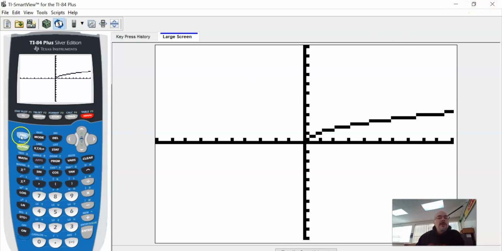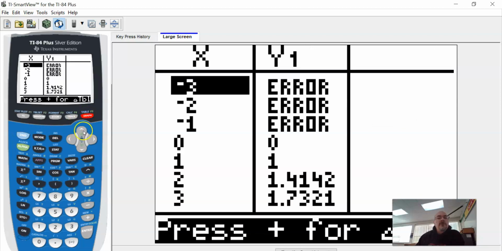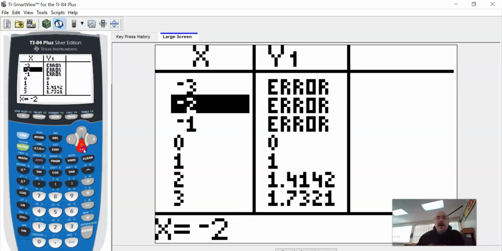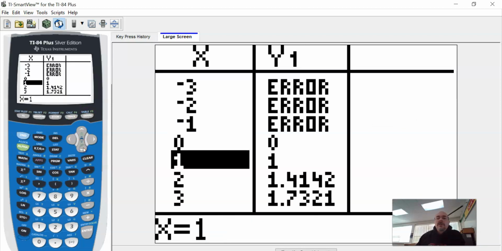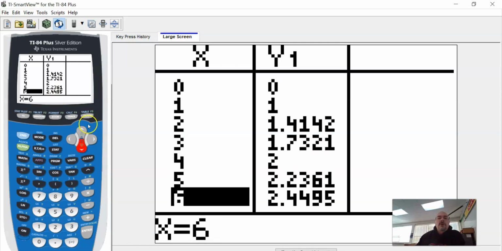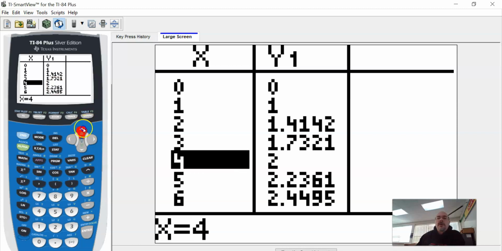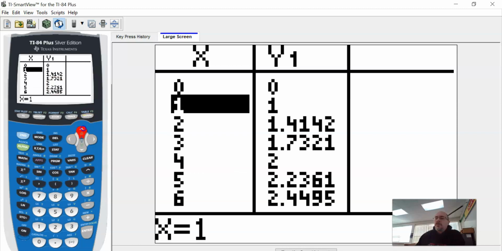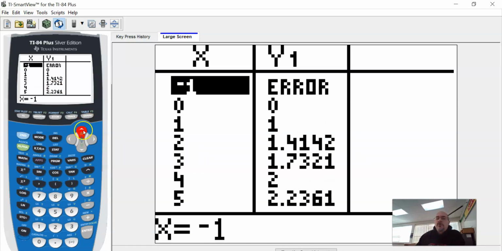But I'm going to get a little bit more detailed here, folks. I'm going to go to the table. Looking at the table, I see that 0, 0 is the first ordered pair that works, because remember, you cannot take the square root of a negative. That's an imaginary number, but we're not going to be graphing that.